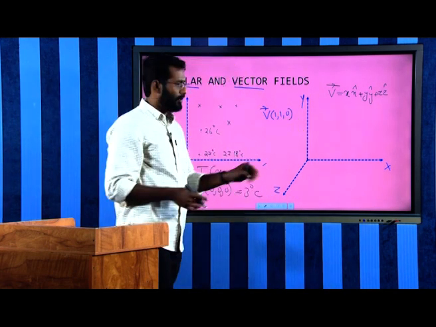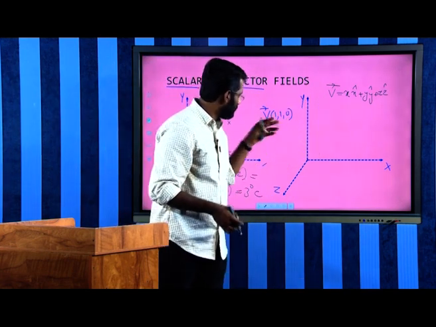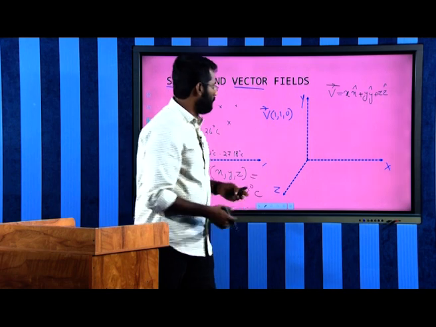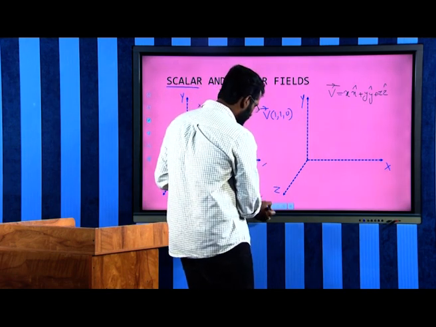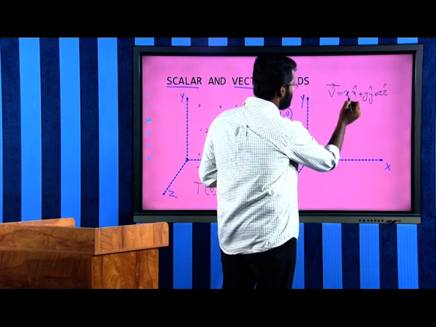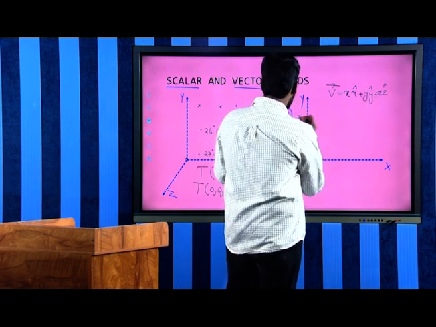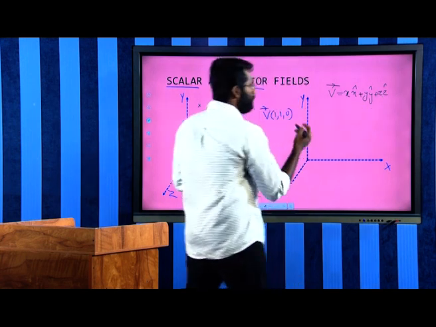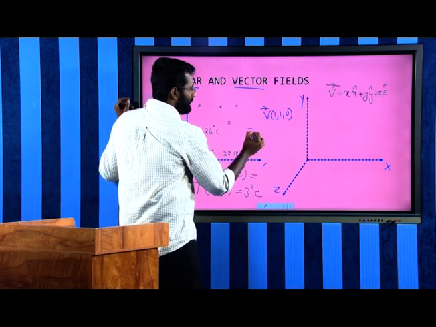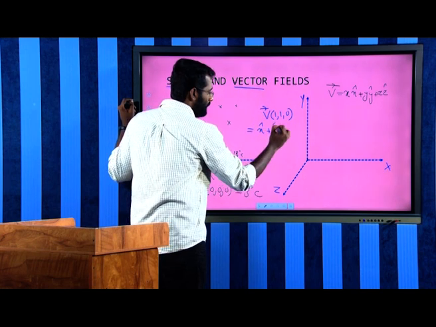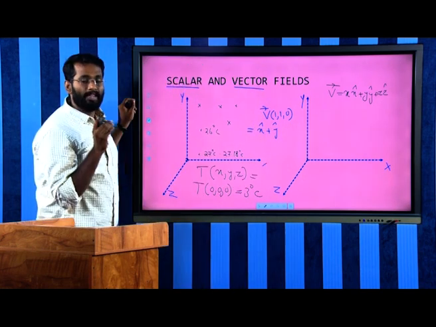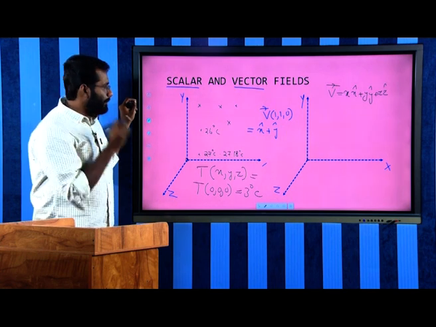I chose 0 because I can draw it in this plane, because the z coordinate is 0 now. To find that, I just input the values: instead of x put 1, instead of y put 1 and instead of z put 0. So, we get 1 x cap plus y cap plus 0 z cap. So, we got a particular vector for a particular point.